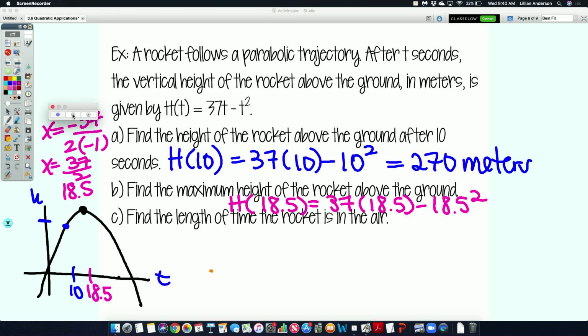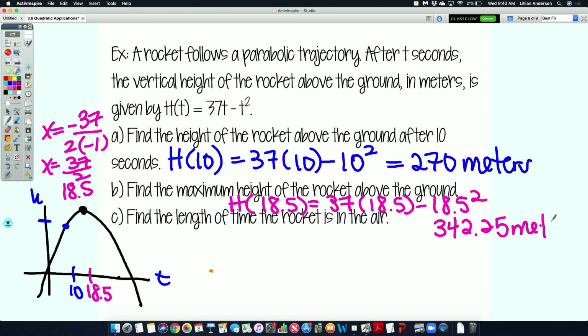Okay, we can actually write out that whole thing, 342.25. Why can I write out the whole thing? Because it's exact. Remember, it will say leave your answers exact or correct to 3 significant figures. If I wanted to round it to 3 significant figures, what would my answer be? 342, and that too would be acceptable.